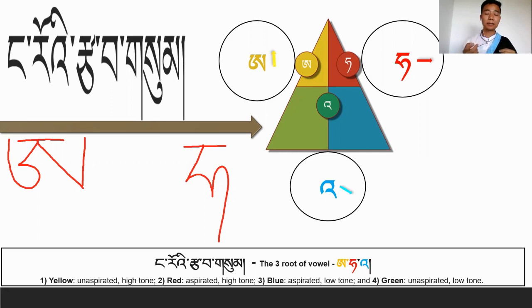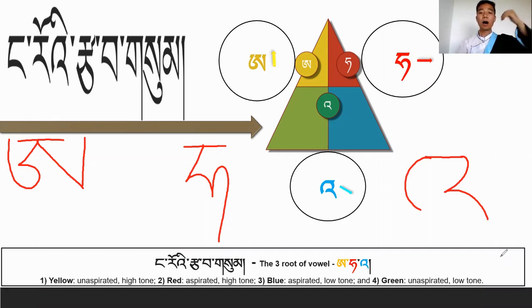How to write this one? I will show you. First we write the head, then second is left, then third like this. This is ah.